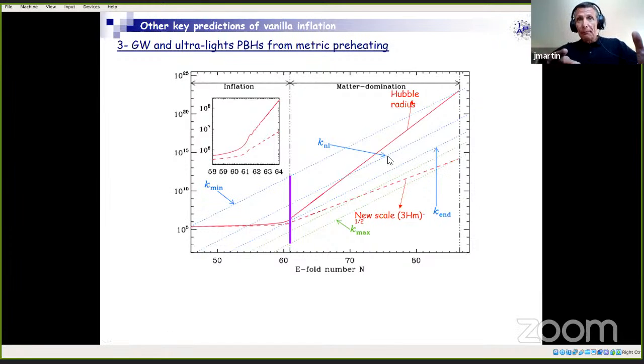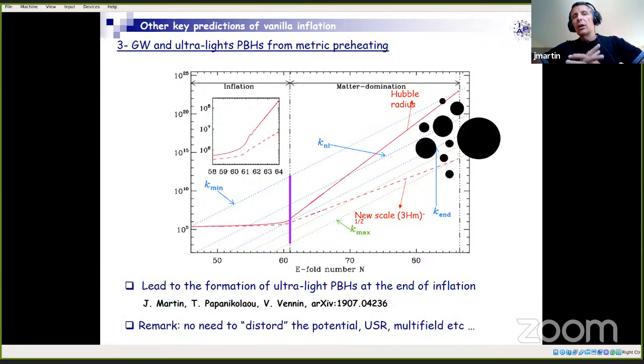And those modes will undergo this drastic instability. And as a result, since we have a growing density contrast in a matter-dominated era, this will lead to the production of ultralight primordial black holes. This is a generic prediction, in fact, of any single field inflationary model.